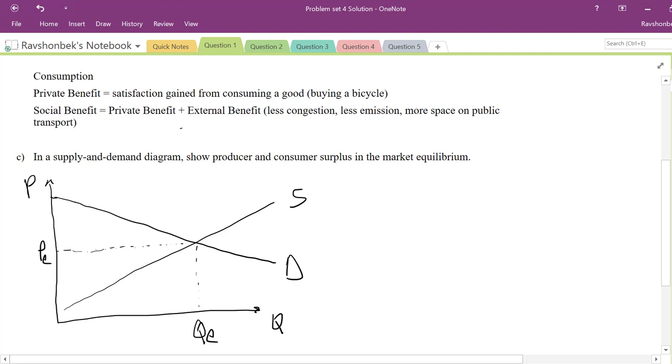Let's say this is the demand for PS4 device, and this is supply for PS4 as well. Right? You say this is an equilibrium price of, let's say, £300.